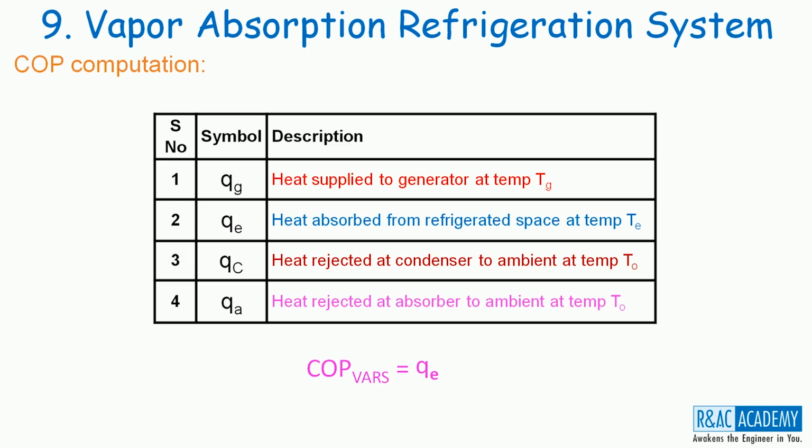And how to achieve this refrigeration effect? What are we giving as input? That is QG. So this forms the expression for computing the COP for Vapor Absorption Refrigeration System. As I said in the previous slide, QP can be ignored for all theoretical calculations.